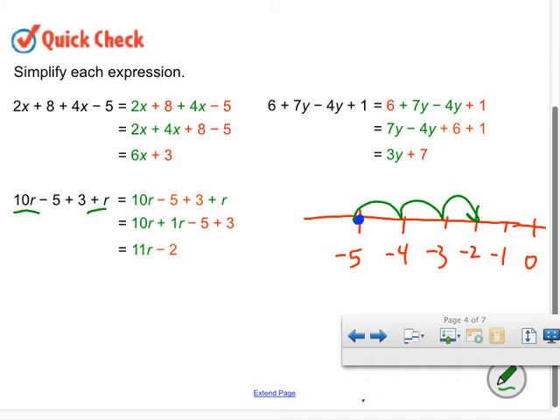Do you understand? Yes, so the addition sign in front of the R, we have to bring that to the 10? Well, 10, you could say 10's plus. If there's no sign, plus 10, plus 10R, plus 1R.